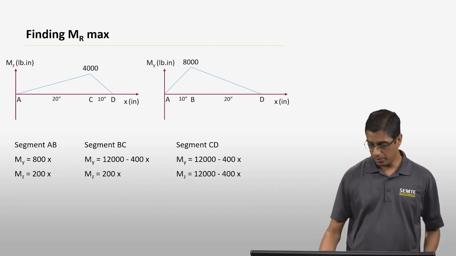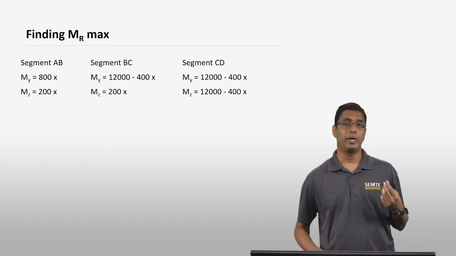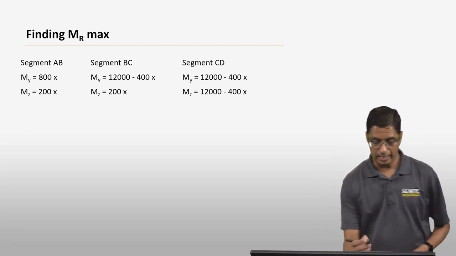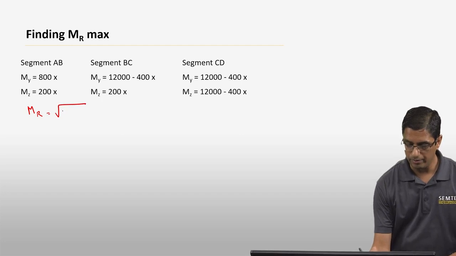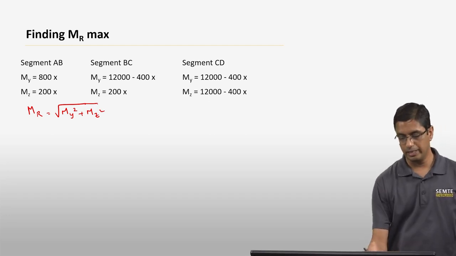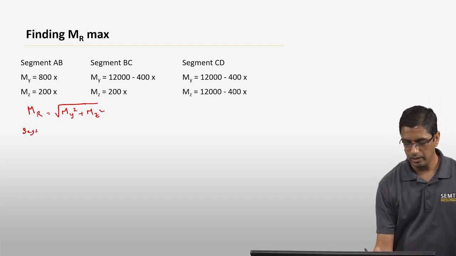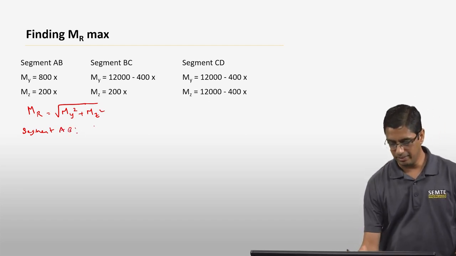Once you do that, we can find out what Mr is. If you recall, Mr is the square root of My squared plus Mz squared. If you think about segment AB, then your Mr is going to be fairly simple.